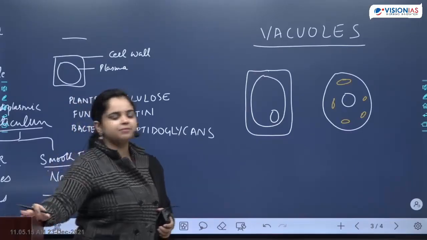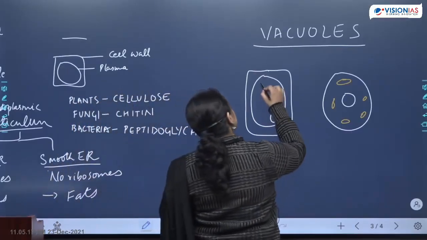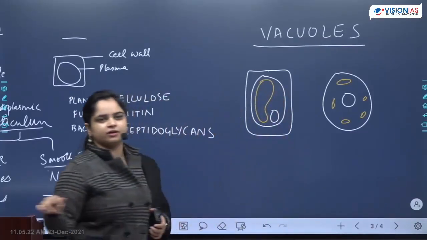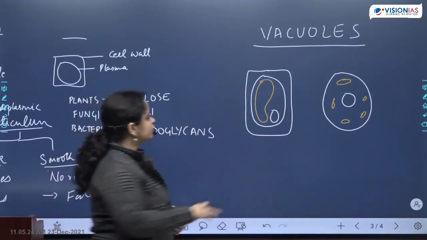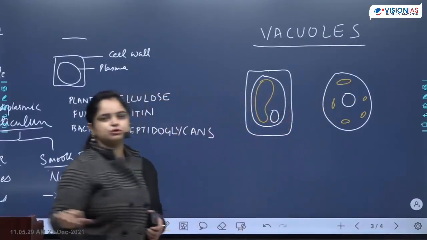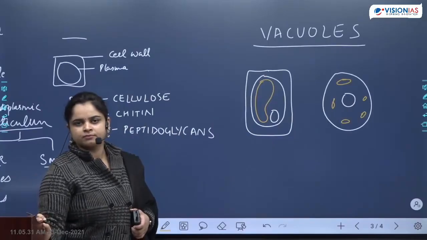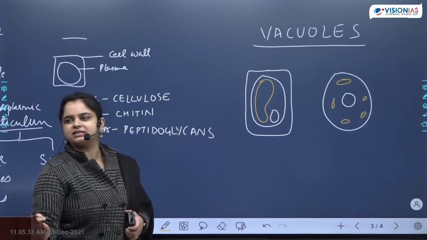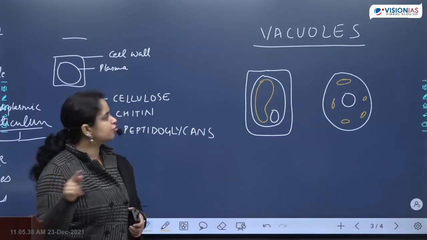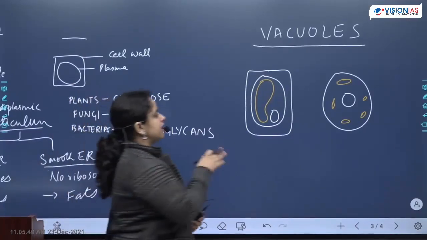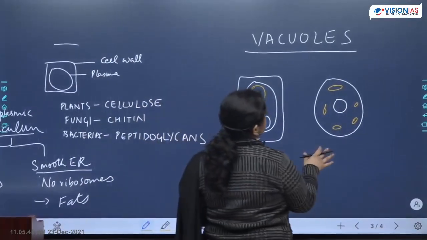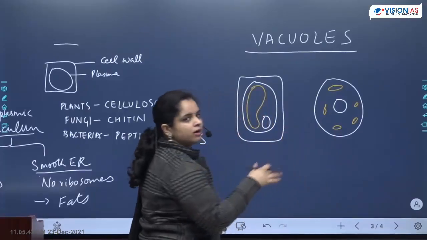Now the function remains the same, but in plants what happens is, there is one large vacuole. This vacuole is so large that the nucleus, which is supposed to be in the center, is also pushed to a side. The vacuole takes up most of the space in the plant cell, and there is one. So there is this difference: plant cell, one large vacuole; animal cell, multiple small vacuoles.